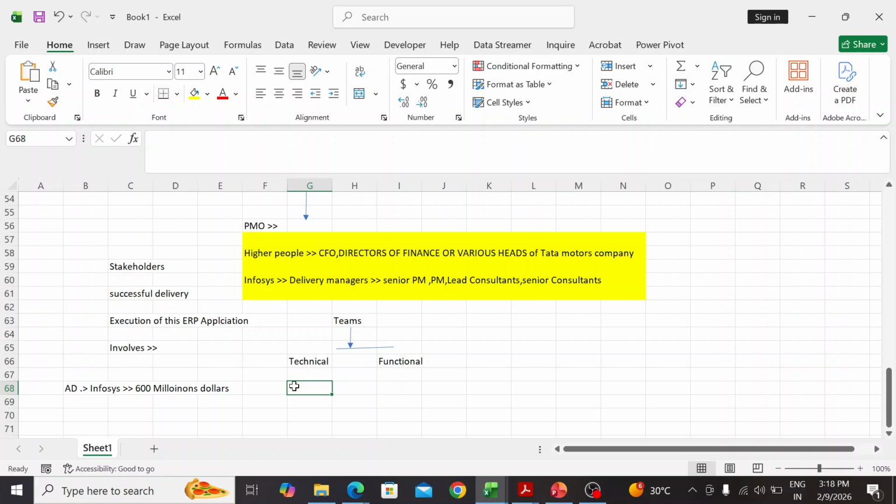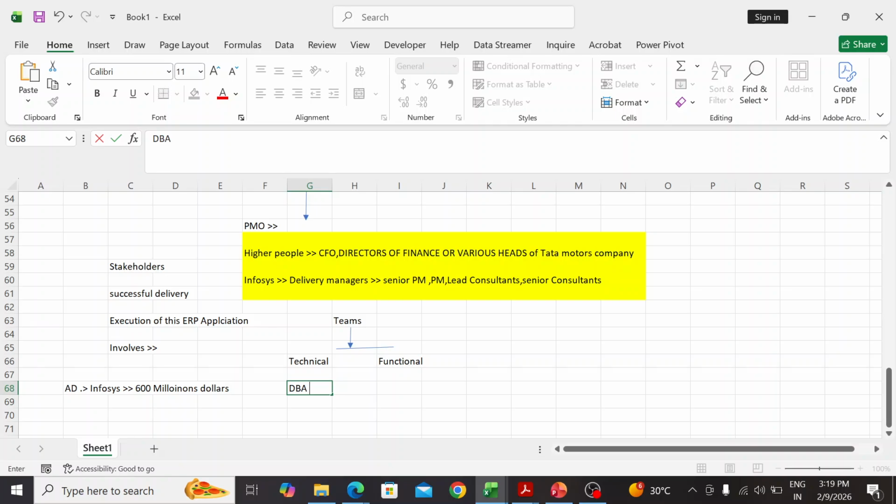Technical means these are the people responsible for developing reports, form customization and data migration activities, and acting as a backbone or bridge for designing and developing the integrations, etc. And DBAs also.